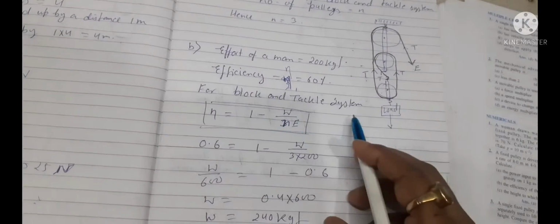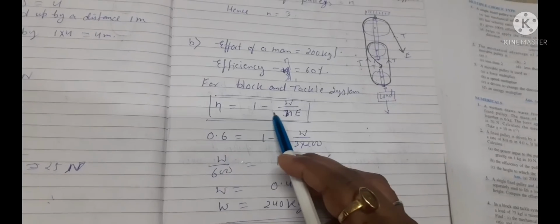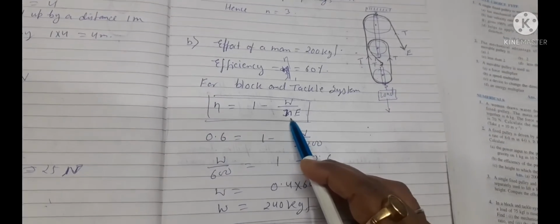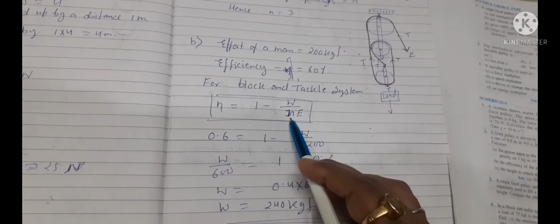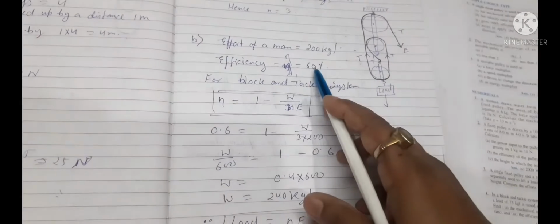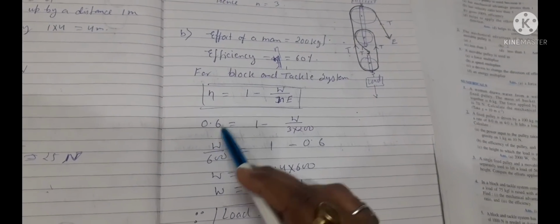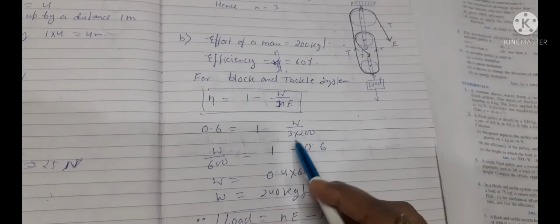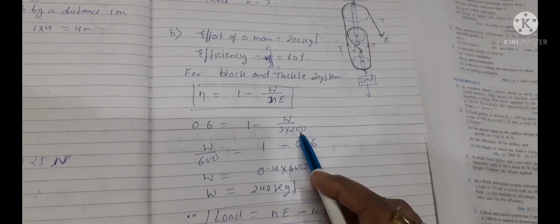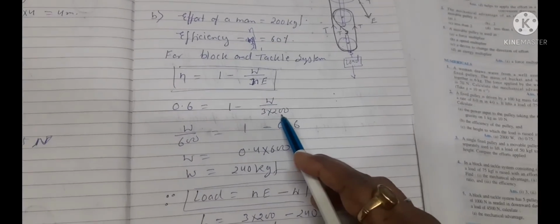For a block and tackle system, this is the formula you must have memorized, that eta is equal to 1 minus W upon n into E. Here n is the number of pulleys. So the value of eta is given 60%, that is equal to 0.6. You may directly write 60 by 100, that is also 0.6. Then 1 minus W upon 3 into 200, because number of pulleys is 3, into 200.